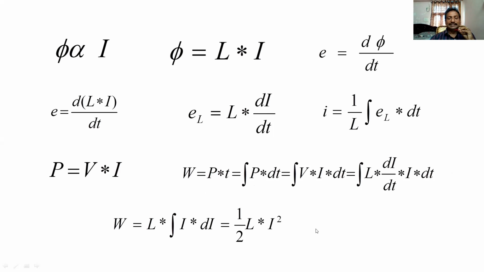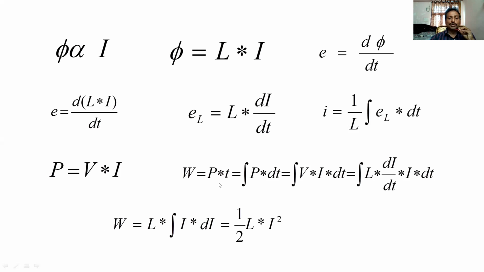So remember, the inductor stores energy, how much? Half L I square. The energy stored in the inductor depends on the current magnitude, independent of voltage magnitude. So the energy W stored in the inductor is proportional to I square, because of this I, the magnetic flux is formed.